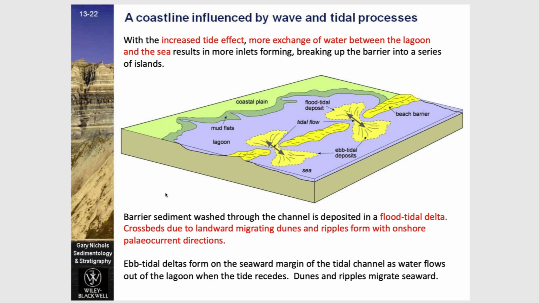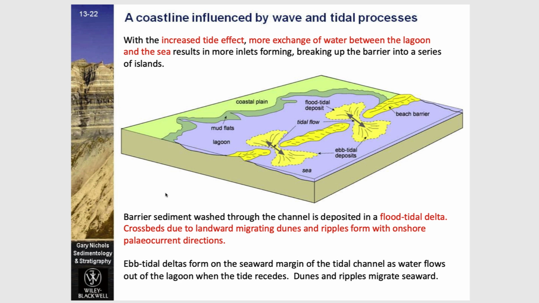So barrier sediments will be washed through the channels and often deposited as a flood tidal delta. Again, remember that these tidal dominated environments are represented by these bipolar currents.